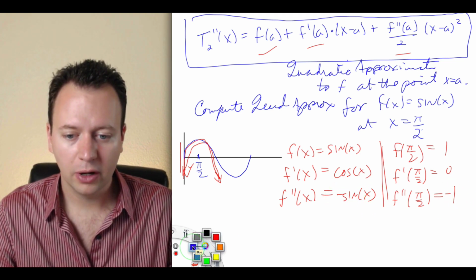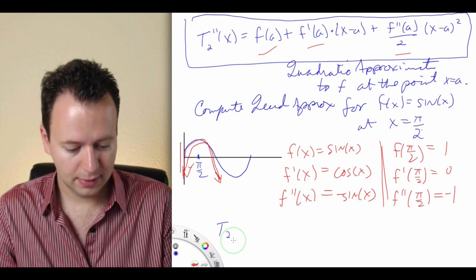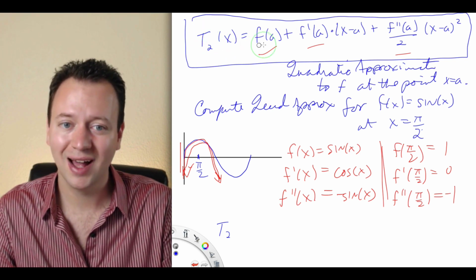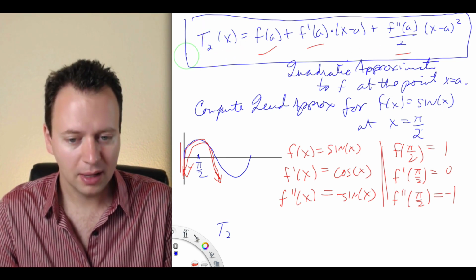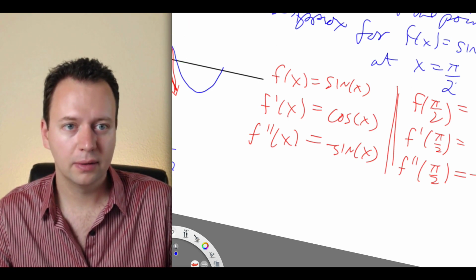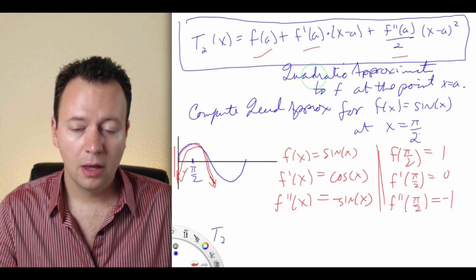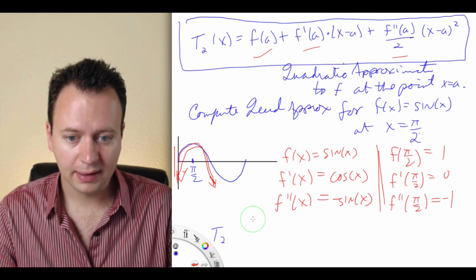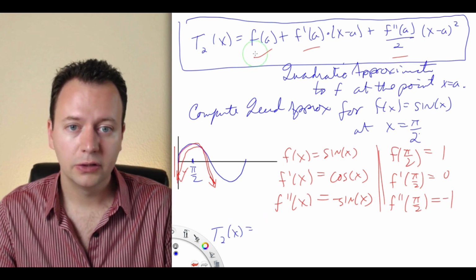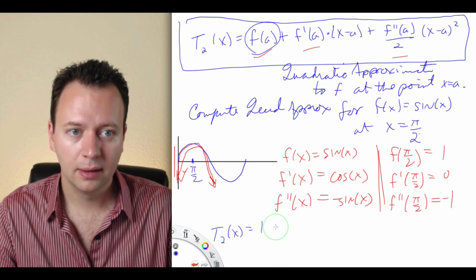So therefore, the quadratic approximation T2. In your notes, scratch out the double prime. It should just be T2 of x, not T2 double prime. T2 of x for the sine function at the point pi over 2: f of pi over 2 is just 1, so we get 1.